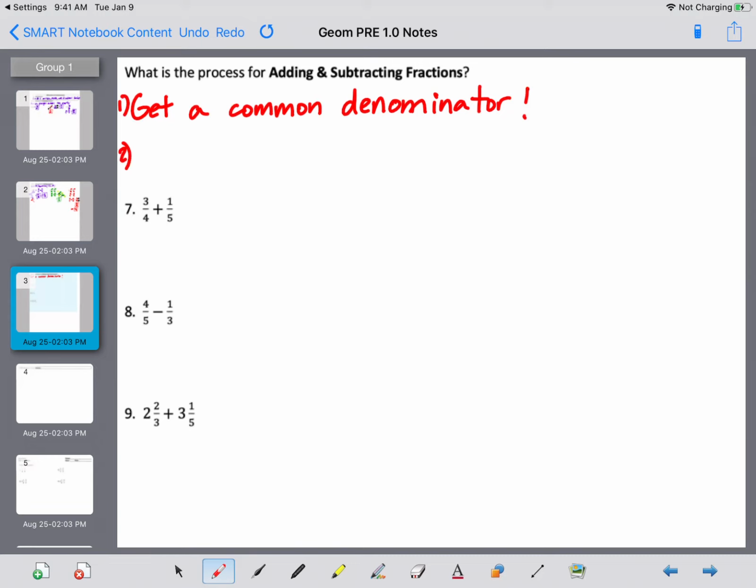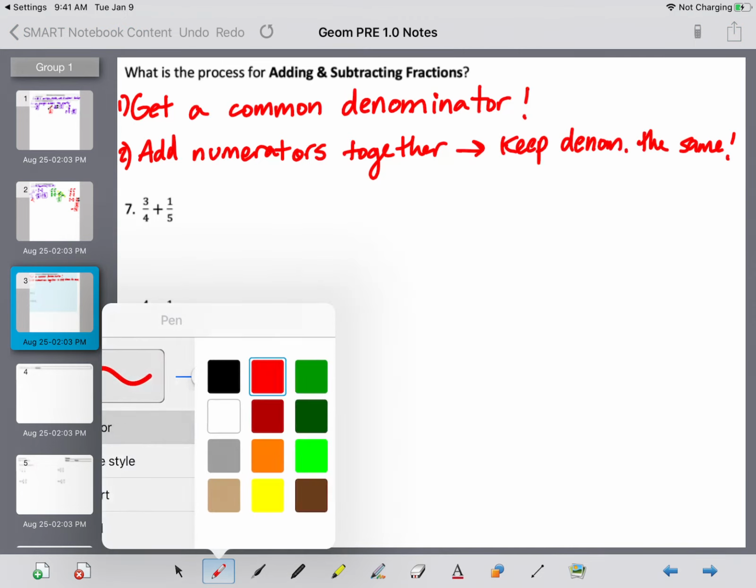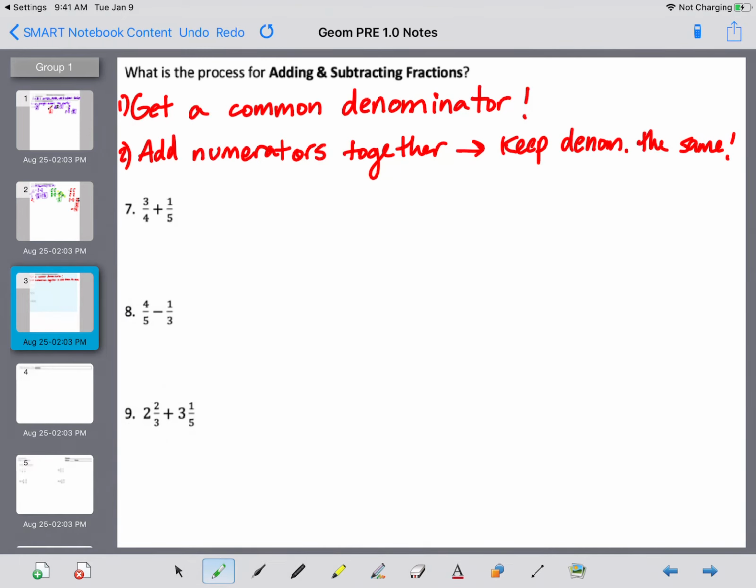And then once you have your common denominator, you can add the numerators together. And maybe we should just note here that you keep the denominator the same. All right, so once you get that common denominator, you leave it alone. The only time you would change it is if you could simplify your fraction, which maybe we'll run into a problem like that. So let's take a look here.